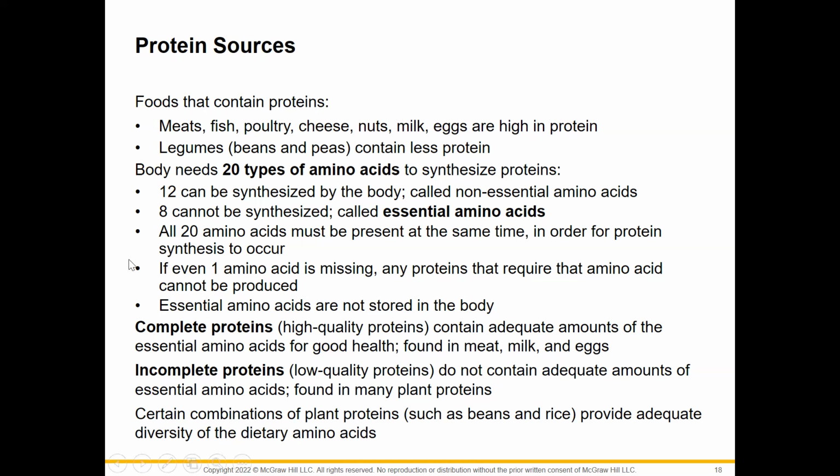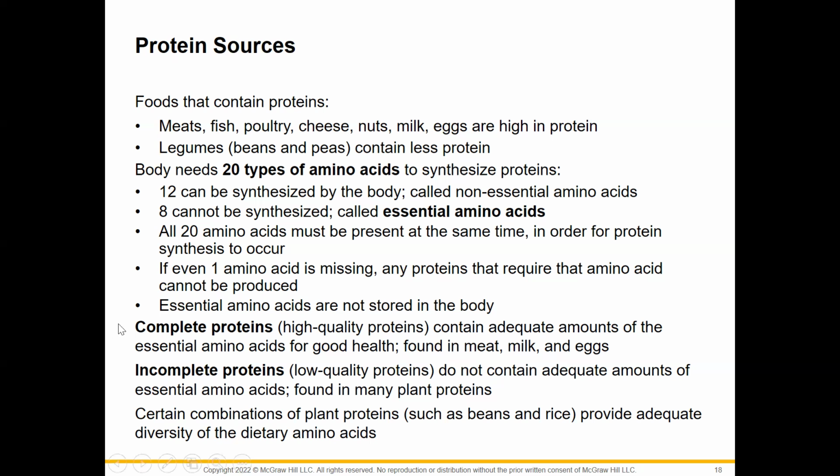Even if one of those amino acids is missing, any protein that requires that particular one will not be produced. So if that is a protein needed to help your blood balance, how much water stays in your blood, or if it's a structural protein, if you don't have the proper amino acid, that thing cannot be built. And that's where illness comes from, or that's part of where illness comes from.